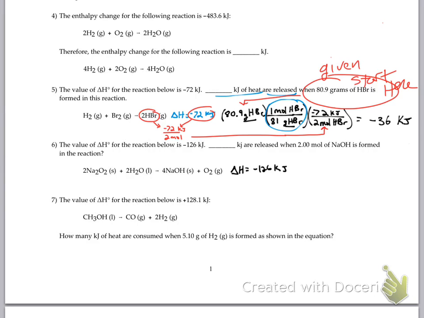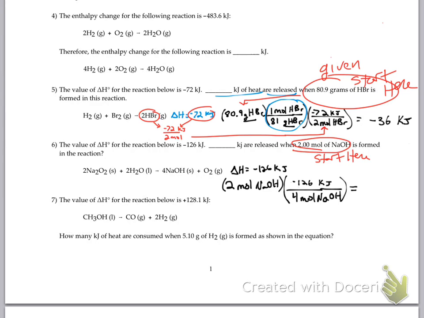Our enthalpy for the reaction is negative 126 kilojoules, and our starting material is 2 moles of NaOH, so we can start here. First off, we start with our 2 moles of NaOH, and then we multiply by our enthalpy energy per mole ratio.